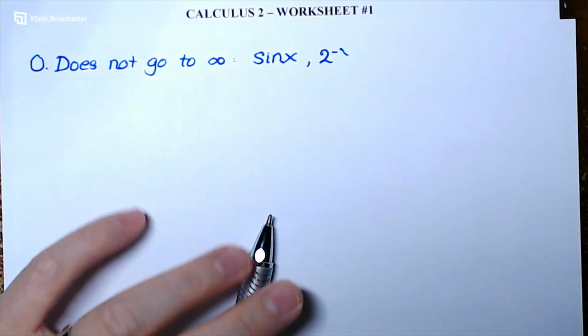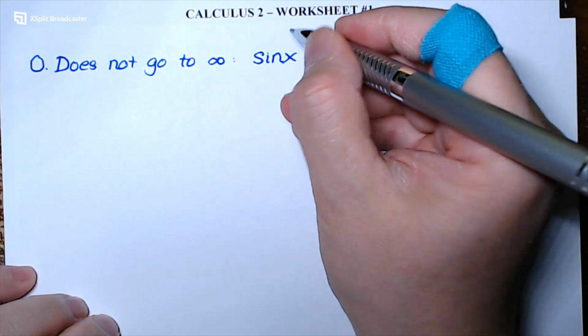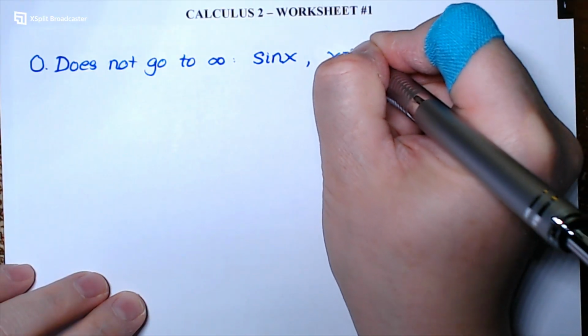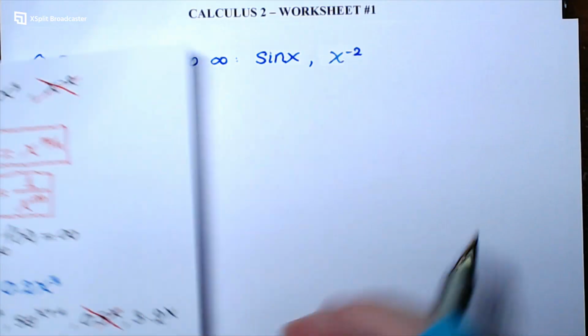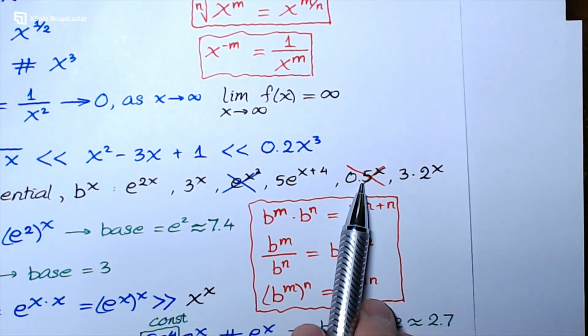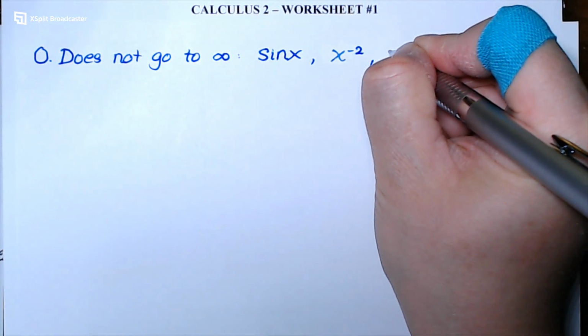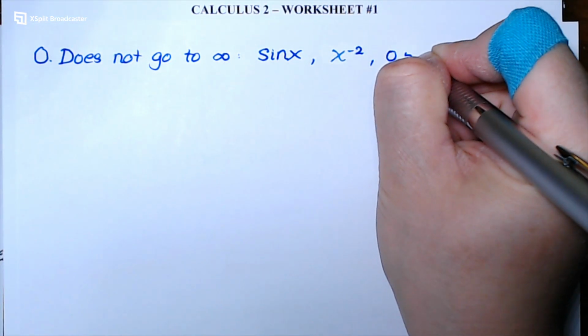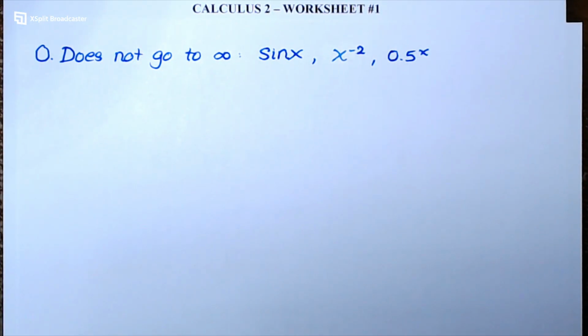So x to -2 doesn't count. And then in the exponential functions, we have 0.5 to the x. So those functions do not go to infinity.